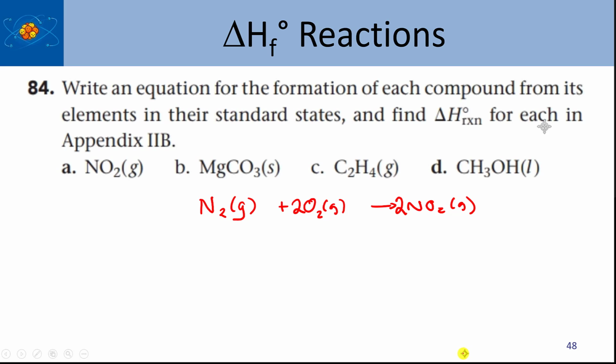And so this would be NO2 gas, and this would be O2 gas. And even though you're not supposed to do this, this would be 1/2 N2 gas. This is the equation for the formation of NO2 from its reference forms. Okay, so this is the standard enthalpy of formation reaction.